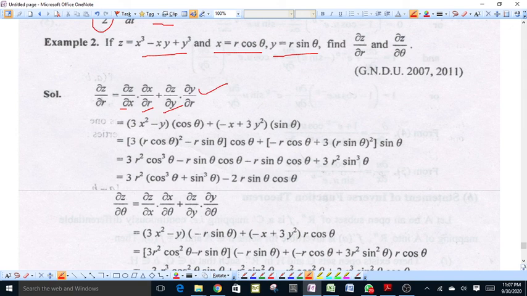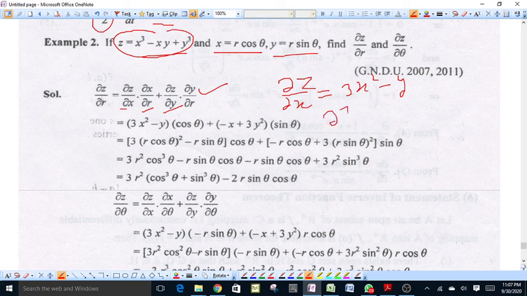Now we find curly z upon curly x from this equation. Curly z upon curly x will be equal to, we take x as a variable and y as a constant, 3x square minus y. Similarly curly z upon curly y will be equal to minus x plus 3y square.